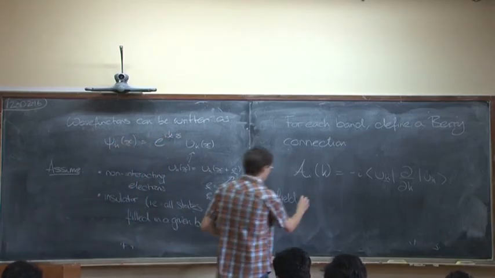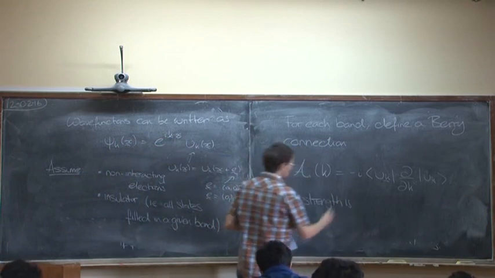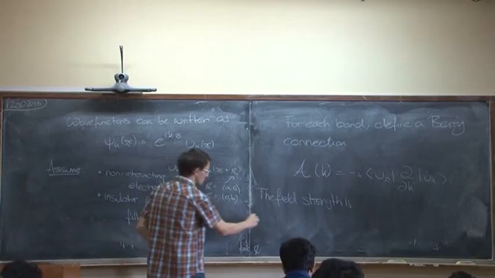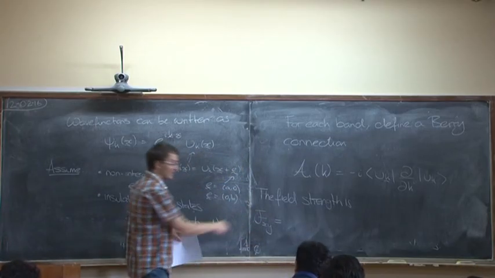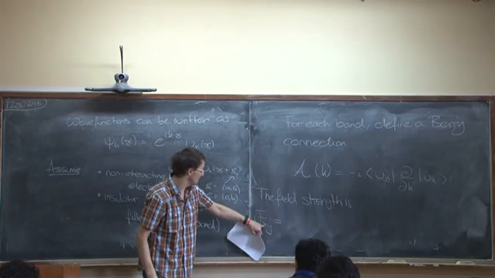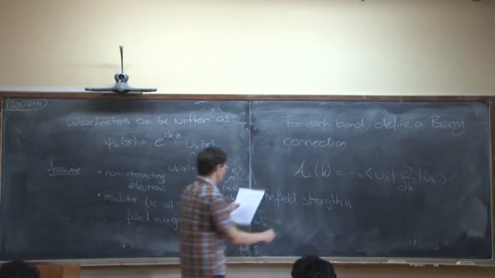Okay, so the field strength. So the system is just two-dimensional. That means the Brillouin zone is a two torus. The field strength only has the xy directions, where this really means kx and ky now. It's a field strength over momentum space.